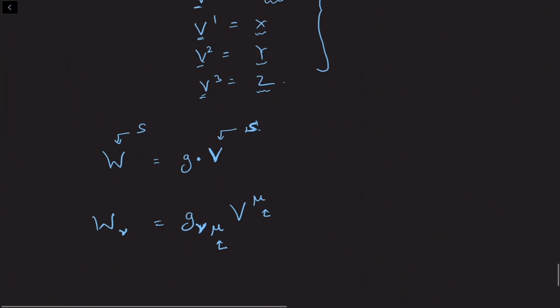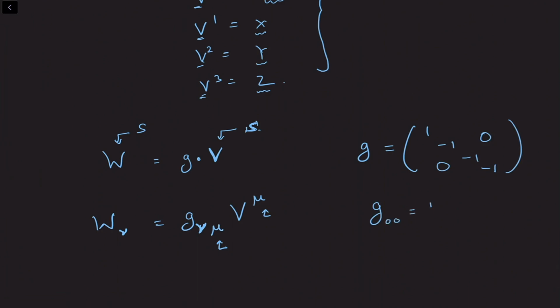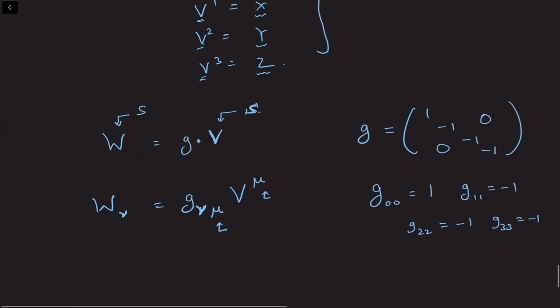Explicitly, the entries of G, so G is this matrix with zeros everywhere else. G00 is 1, G11 is minus 1, G22 is minus 1, G33 is minus 1, and all other entries of G are 0.